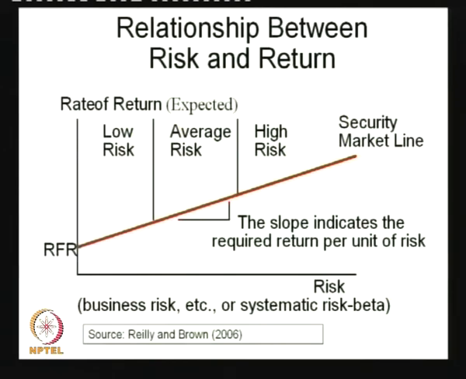The graph starts from the RFR. When the business risk is 0, we have this minimum rate of return, and as the risk of the asset goes up, the return expected on the investment goes up. So, the highest risk is obviously going to have the highest possible rate of return.